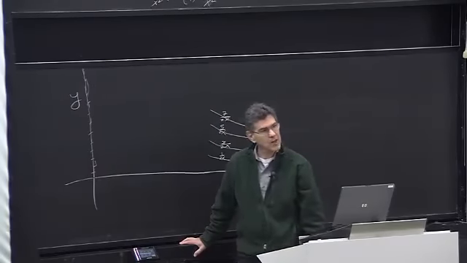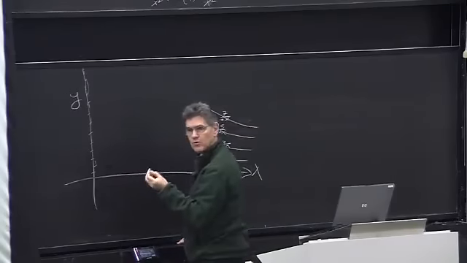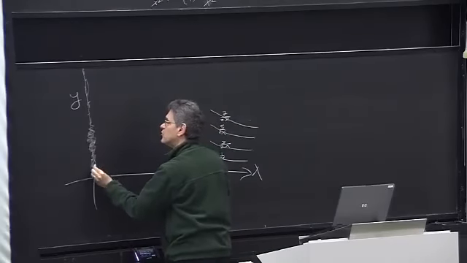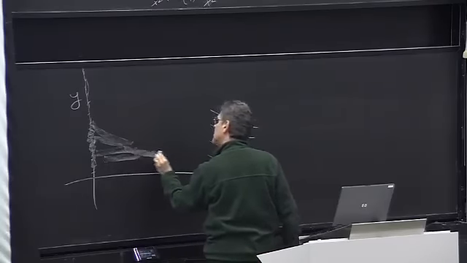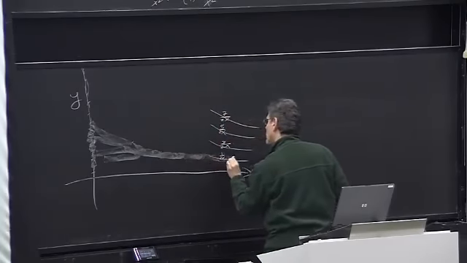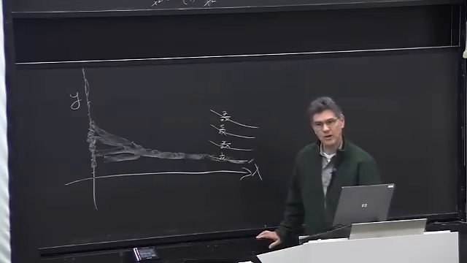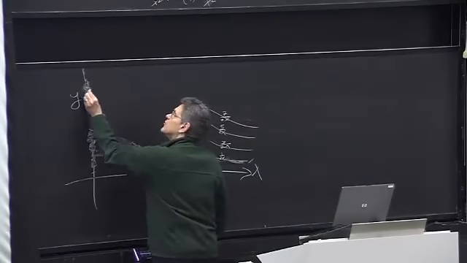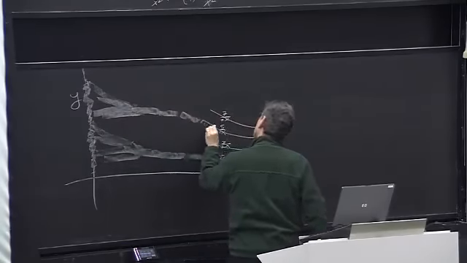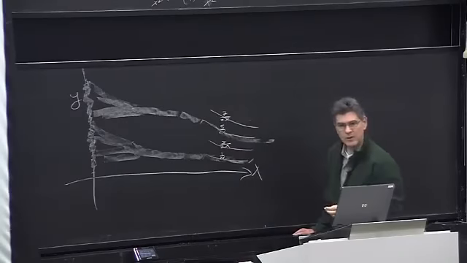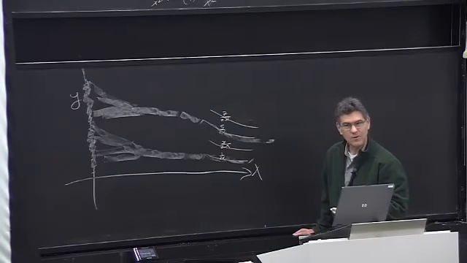So what we are claiming is that what it looks like is if you start off with a bunch of points over here, all of these different solutions combine into one solution as you go off to infinity. And then all of these solutions here combine into another solution and go off to infinity or something like that.